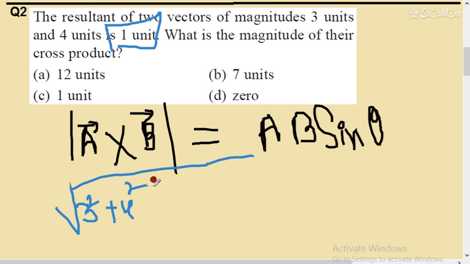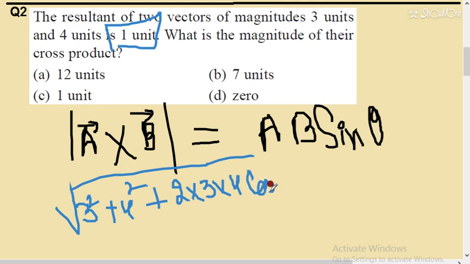3 square plus 4 square plus 2ab, 2 into 3 into 4 into cos theta. Students, this is a lengthy method.